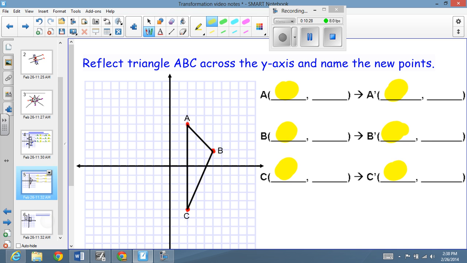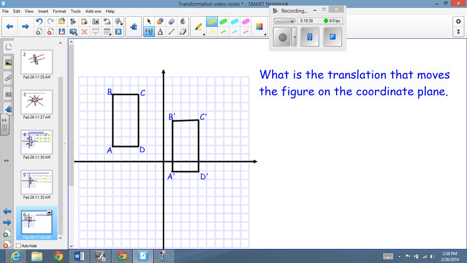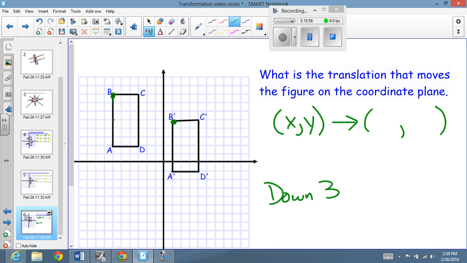And then in the last example, the question becomes, if my original point is an xy point, what is happening to that in order to get my new points? Well, to go from B here to B here, I'm going down 1, 2, 3. So I'm going down 3, and I'm going to the right 1, 2, 3, 4, 5, 6, 7.